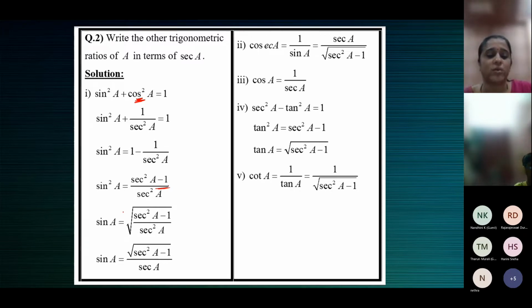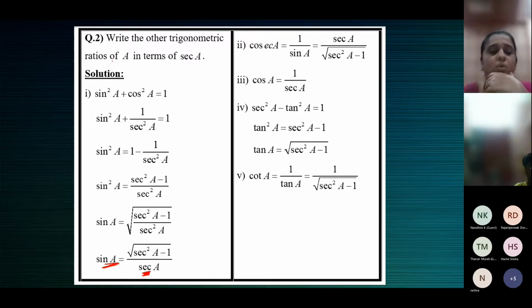So sin A is equal to the square root of secant square A minus 1 by secant square A. The square root of the numerator stays as it is, and the square root of the denominator is secant A. So we have written sin A in terms of secant A.